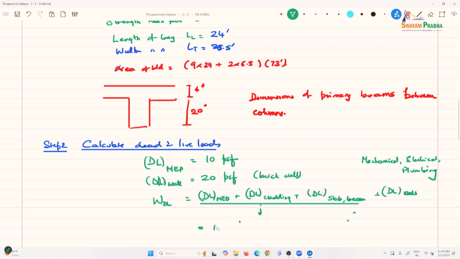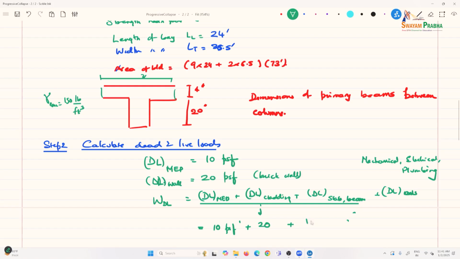So, the MEP is 10, the cladding is 20, and I have not shown the calculations here, but the slab and the beam, if you take center to center of 4 feet or 3 feet and take the area, multiply. So, the density of concrete we consider 145 to 150. So, reinforced is taken as 150.